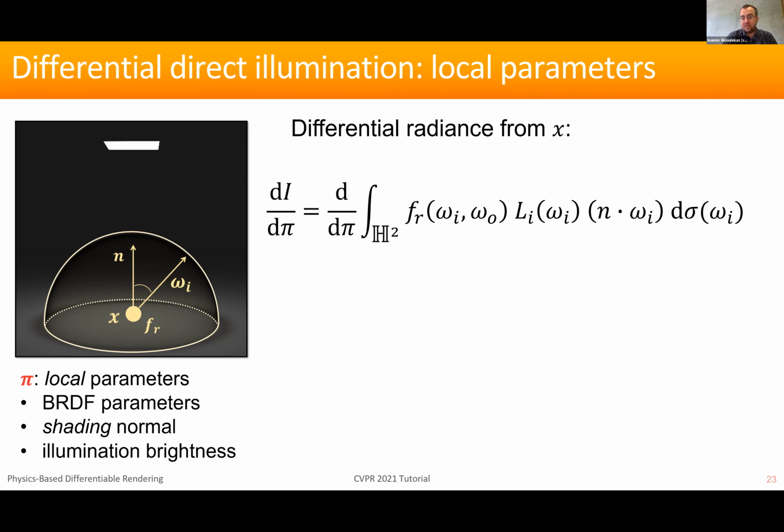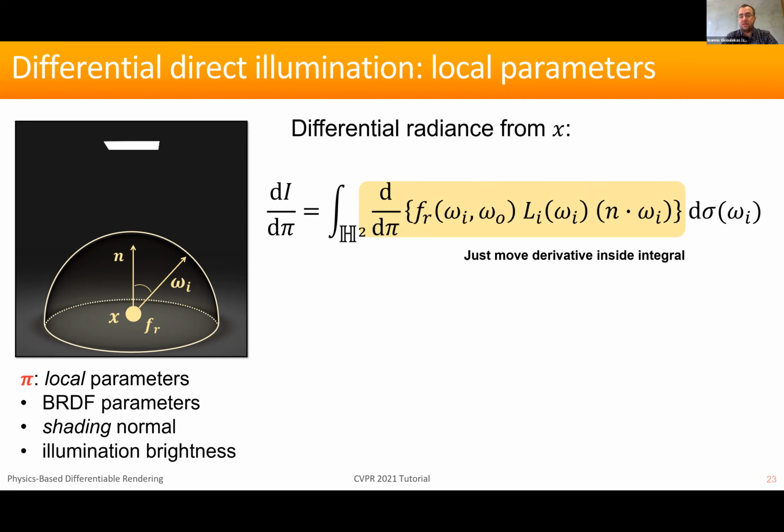So in this case, these types of parameters have the property that they do not introduce discontinuities into our integrand, meaning that we can do this differentiation using the simple form of the Reynolds transport theorem, or the simplified form of the generalized Leibniz rule. Just move the derivative inside the integral.